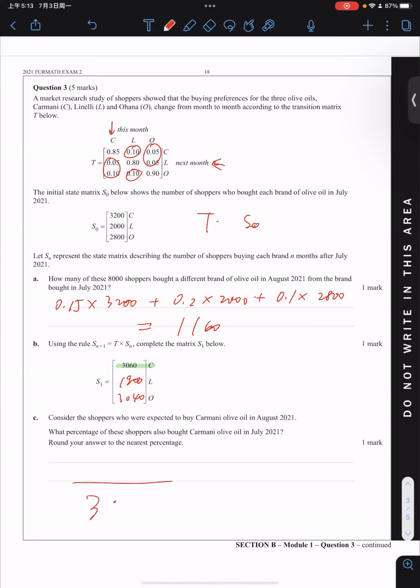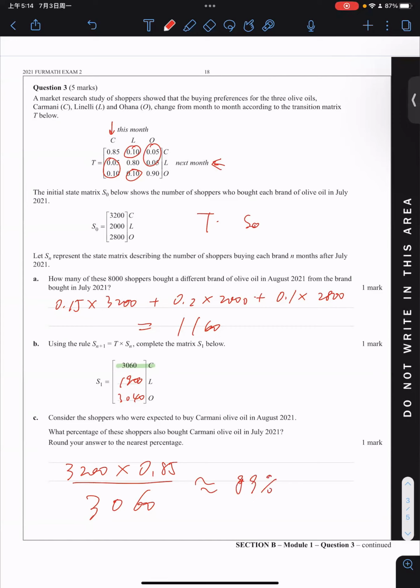Now we know how many people we should take out of. We just focus on how many people bought Harmony in July 2021, and that is 3,200 times the proportion, that is 0.85, right? And finally we should round to 89%.